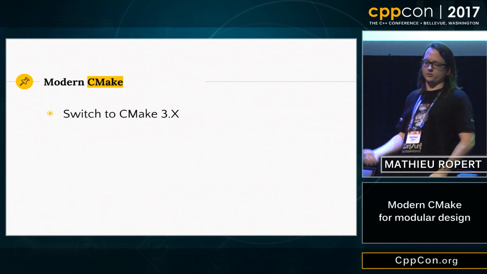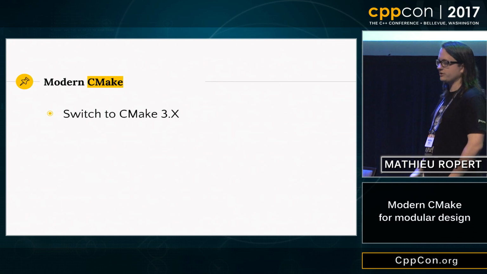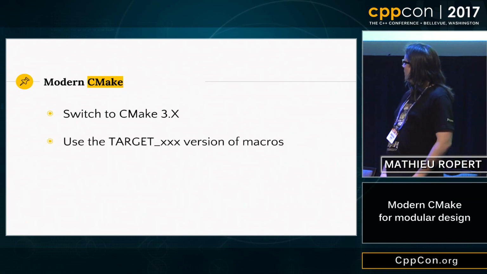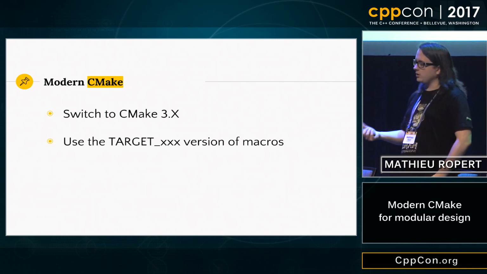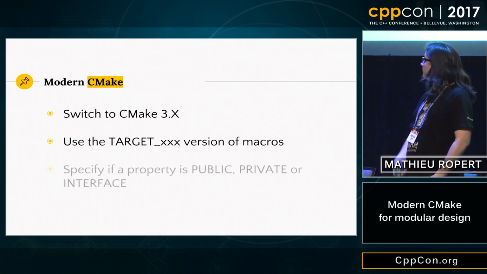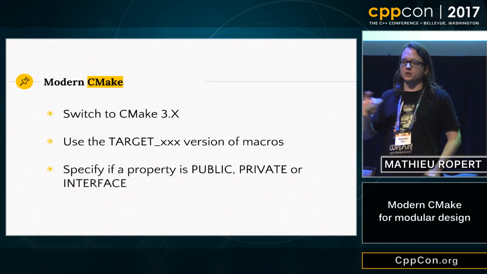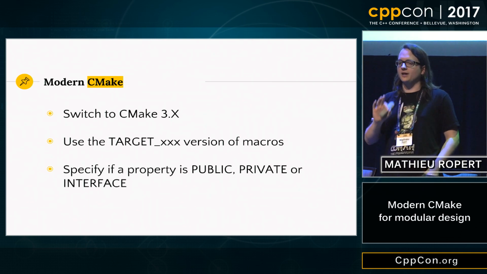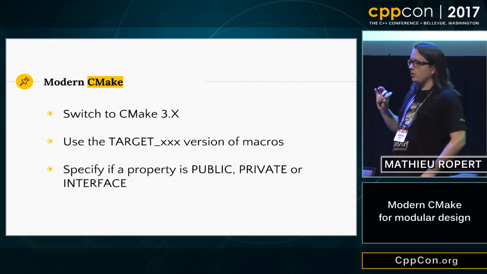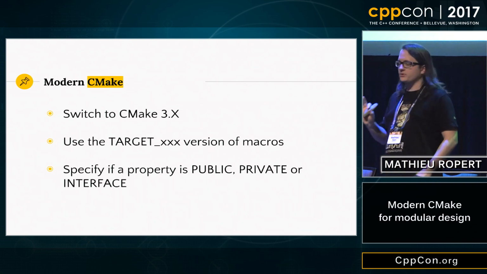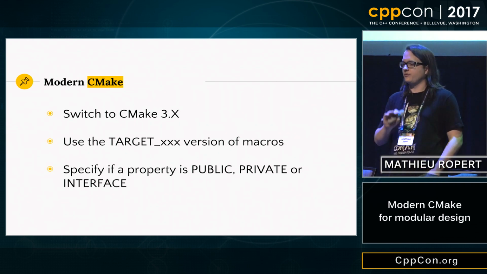As you have seen, there are some nice finders for this. Use the target alternative for macros, unless we are talking maybe about compile options, but other than that, use the target alternative. Always specify if a property is public, private, or interface.